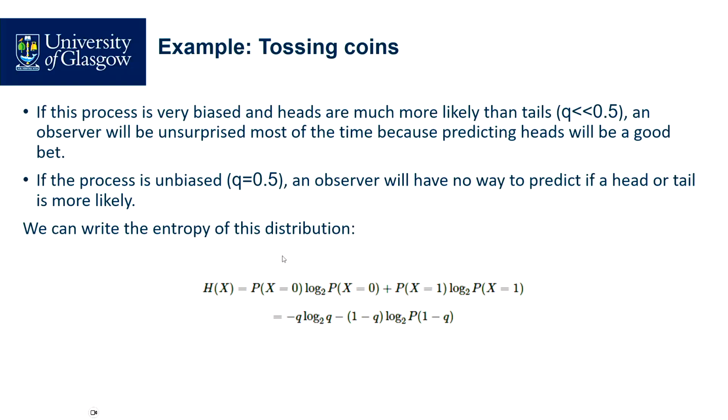Now, for this distribution, we can write the entropy using the formula we've seen before. That is the sum of the probability that x is equal to 0 multiplied by the logarithm of this probability, plus the probability that x is equal to 1 multiplied by the logarithm of this probability. And if we plug in q in this equation, we end up with this formulation here that is exactly the same thing.